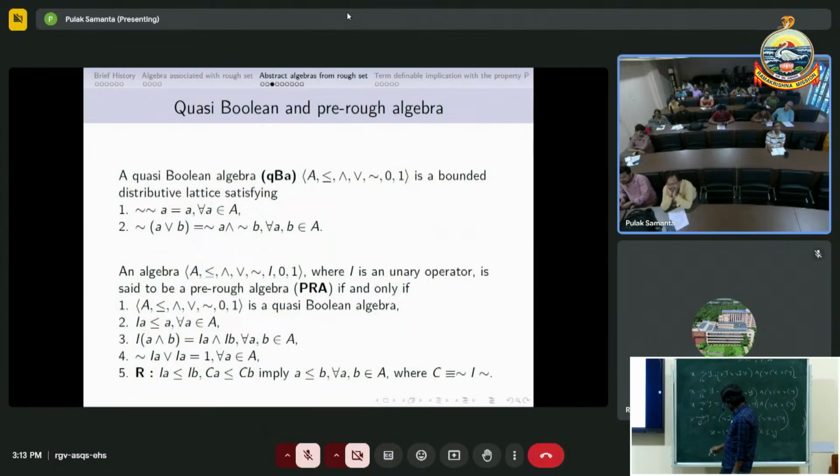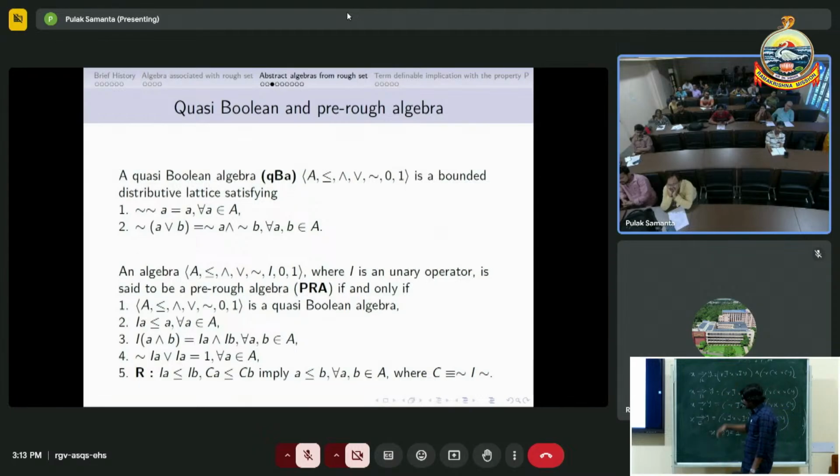That's why L. And C, because we were searching all these combinations, and this is an exhaustive study, and these are all the different types of term definable implication which satisfy this property. The last one is C for Chakraborty, because Sir gave us the idea to form this.